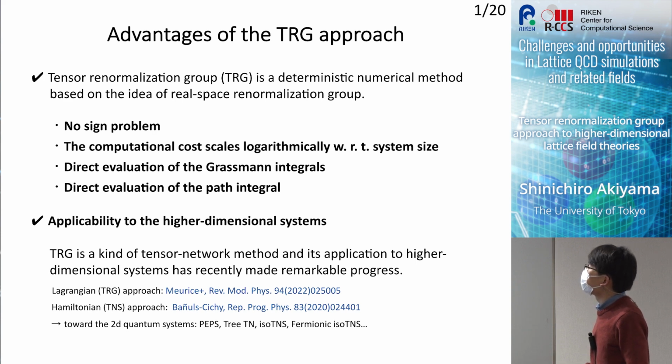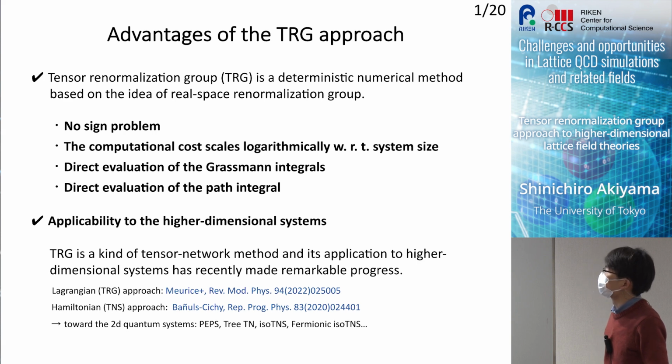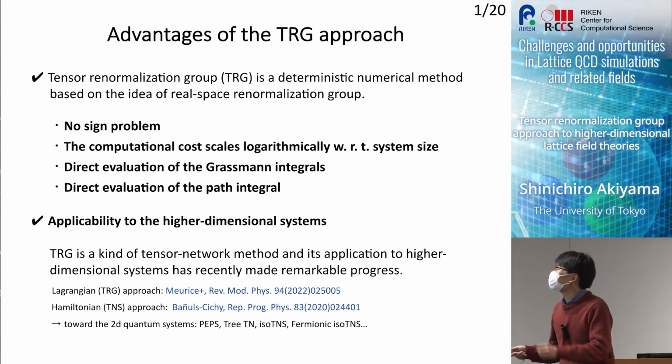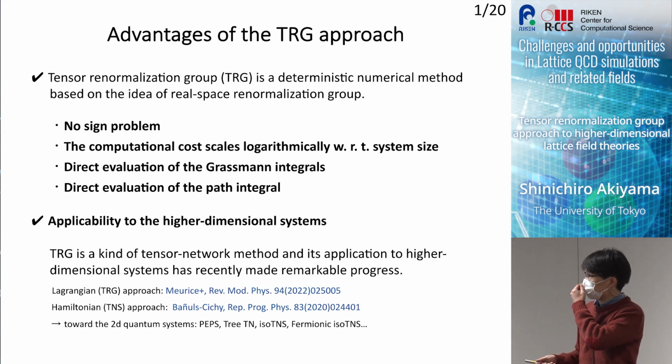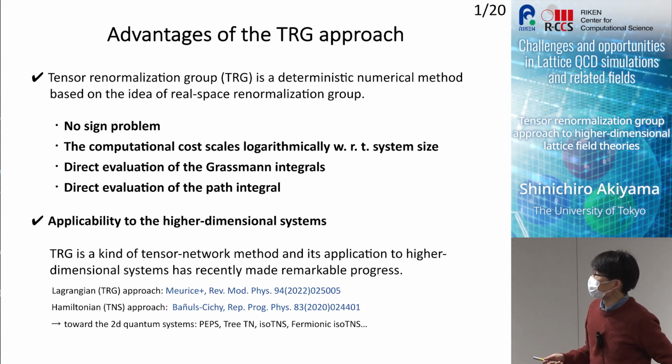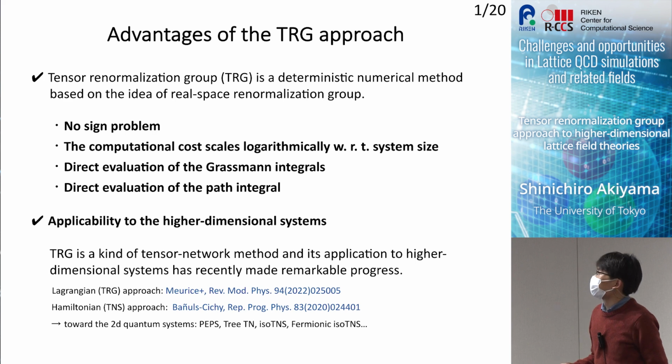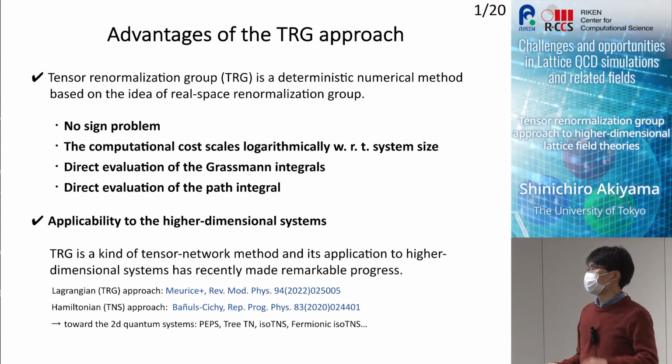Because of this, the TRG is completely free from the sign problem, as mentioned by Fukuma-san in the previous talk. The second point is that, as a variant of the real space renormalization group method, the computational cost typically scales only logarithmically with the system size. So it means that we can very easily enlarge the system size by using this TRG approach.